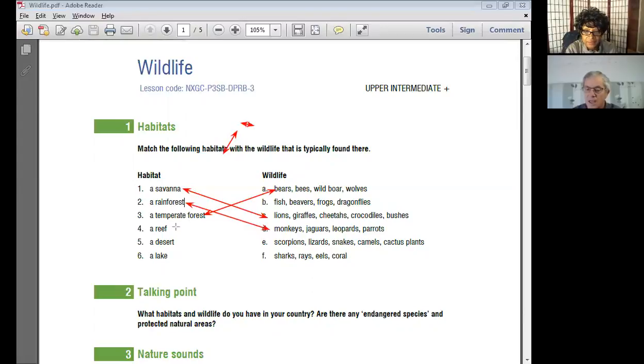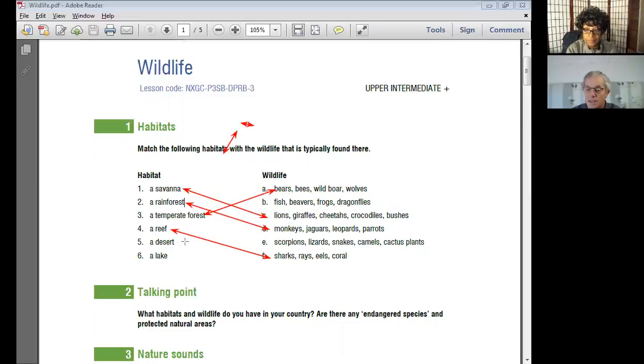In a reef, we can find sharks, rays, eels in the coral. Okay. In a reef, we will find sharks, rays, eels, and coral.